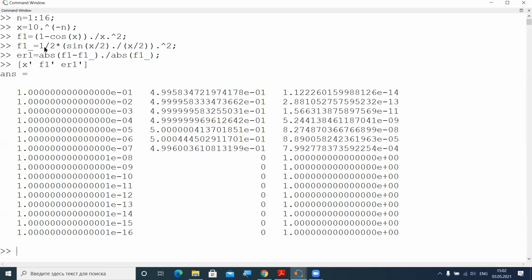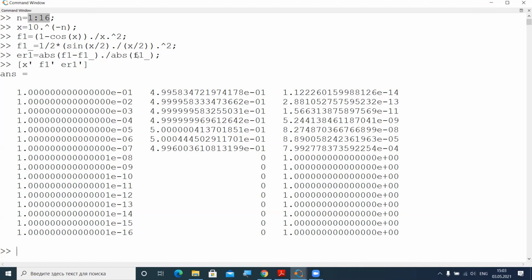And Professor, can you explain why we are using dots before division? So, okay, dot division is division of vectors. So here we have 16 values. You can see from 1 till 16. So this is not one exact value. Here we have 16 different values of x. And for each x, we have its own value of f1.